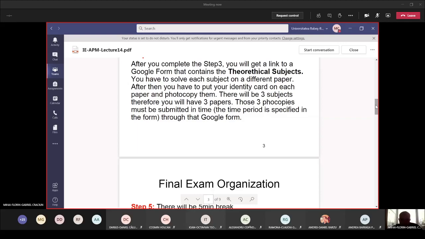If something happens, I have to add: if your connection is interrupted for more than 5 minutes, your exam will be cancelled, and you have to come another day with other colleagues.